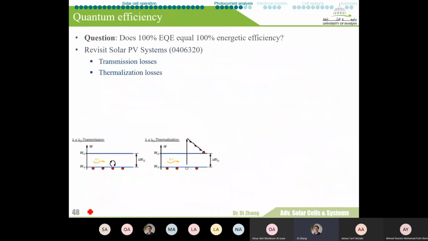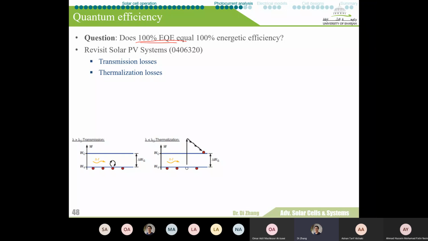So I think the last question I would like to present to you for the quantum efficiency is something maybe some of you asked me before. If we have, at a certain wavelength, 100% external quantum efficiency, does this equal 100% energetic efficiency?